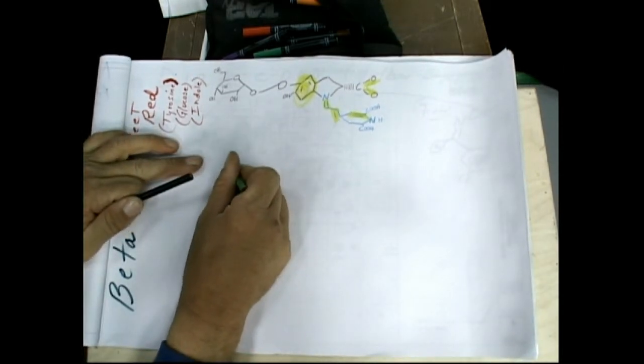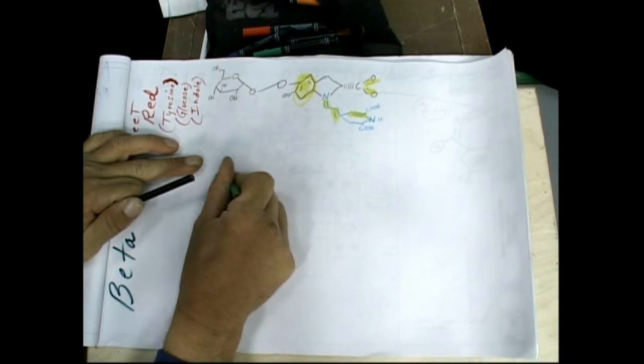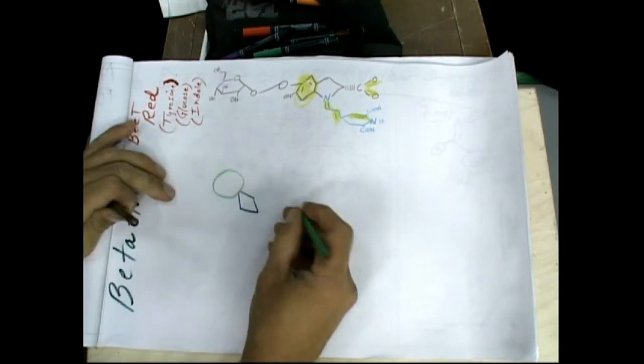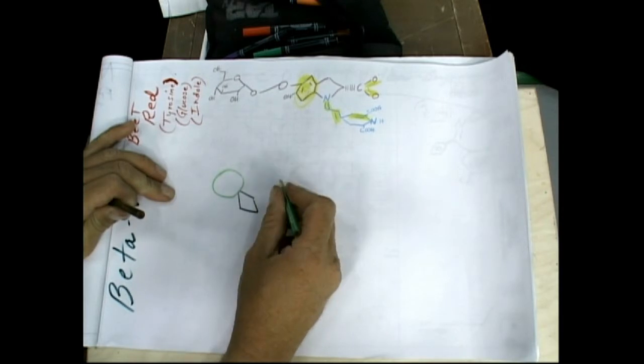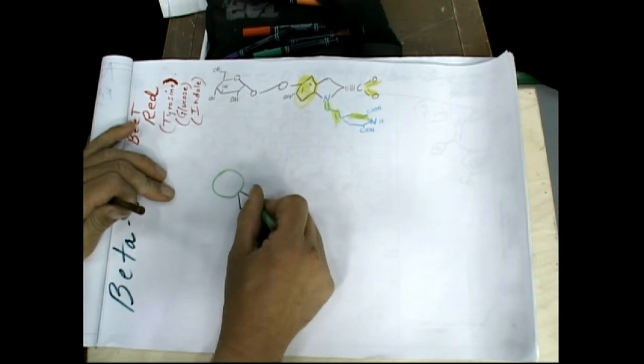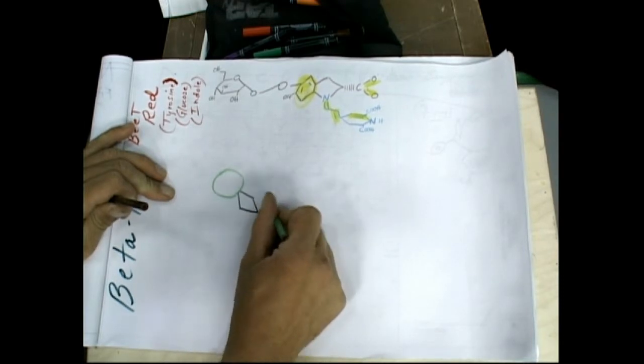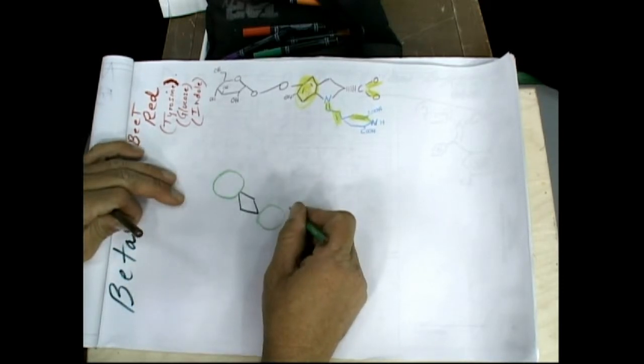So here's your oxygen, it's big. Go to a diamond, to a single bonded O. Let's go this way with it. Single bonded O. Oh, look at that. To another O.